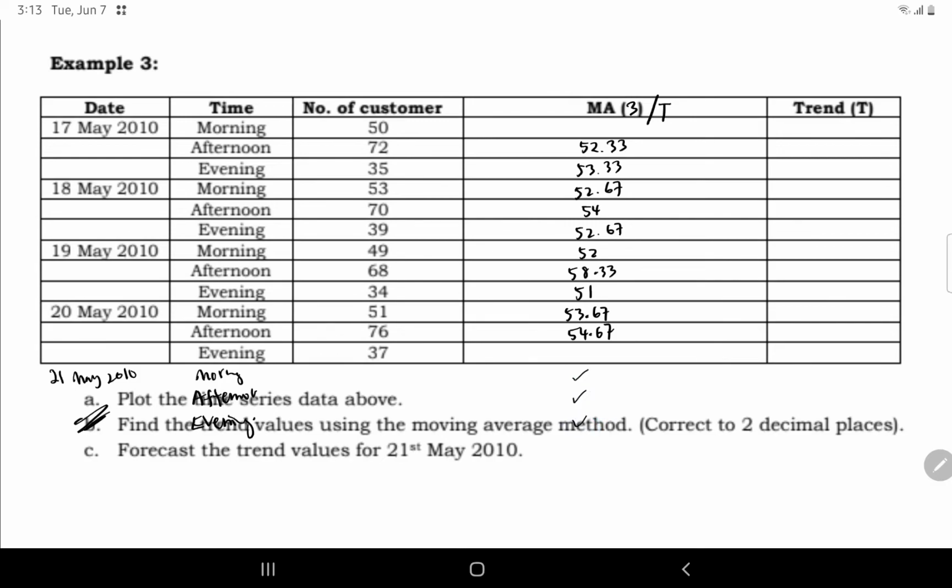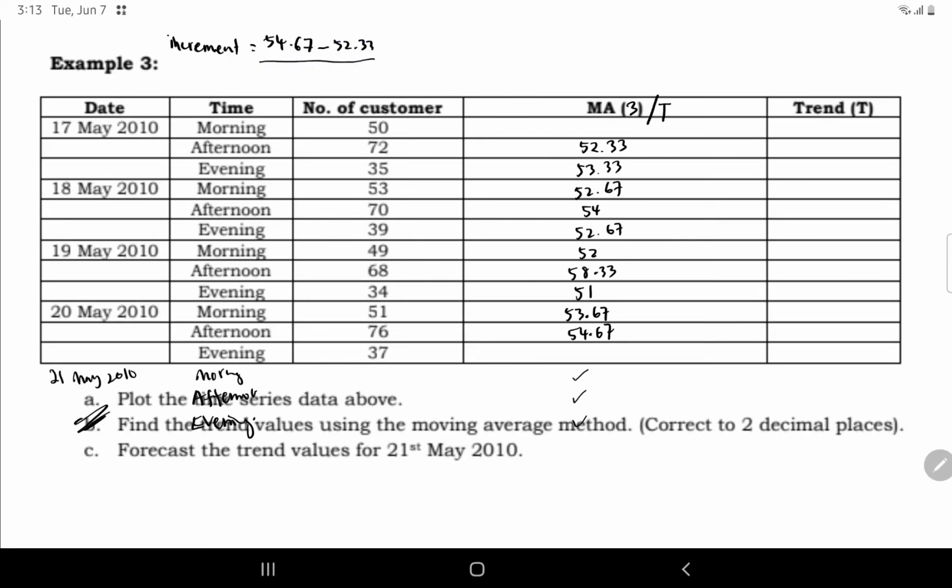Okay, so kita kena cari increment dululah guna formula yang tadi. Which is increment dia equal to last trend value. Our last trend value is 54.67 minus our first trend value divide by n minus 1.